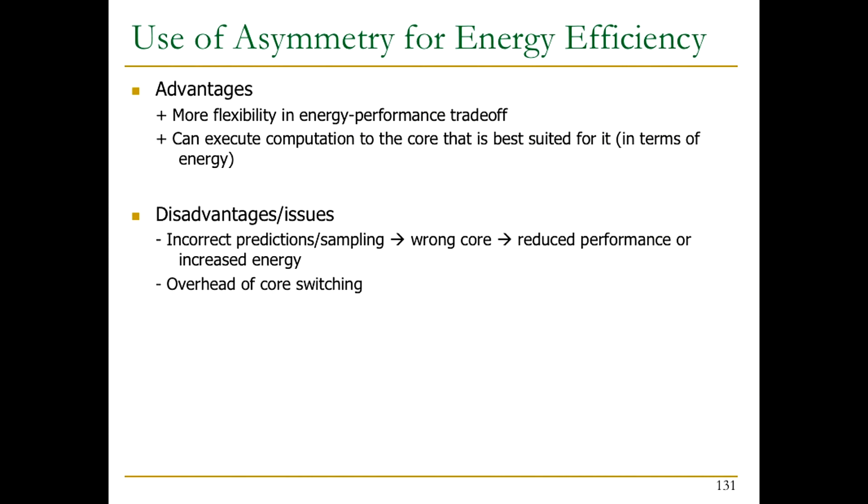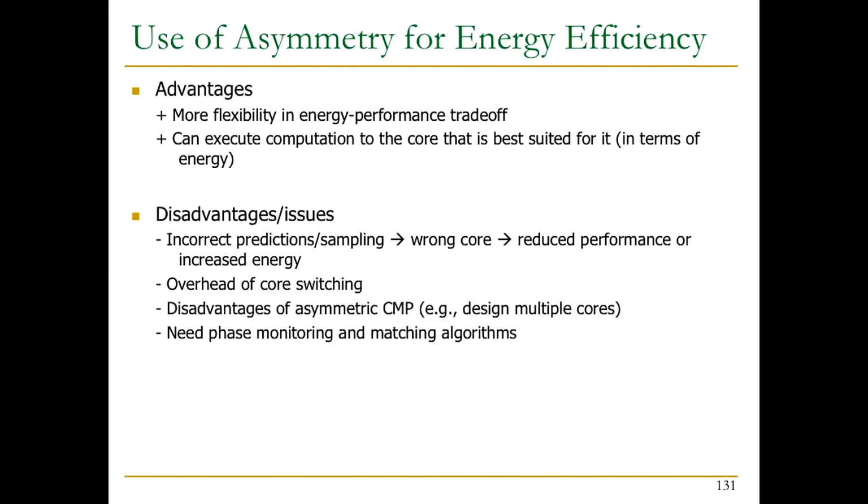And overhead of core switching, clearly, and you clearly get the disadvantage of asymmetric CMP. And in this case, you also need phase monitoring and matching algorithms, right? What phase is good for what core? But this is true whenever you want to switch between cores, actually. It's a little bit different in the previous works we discussed, because there you don't need to monitor the phase, right?